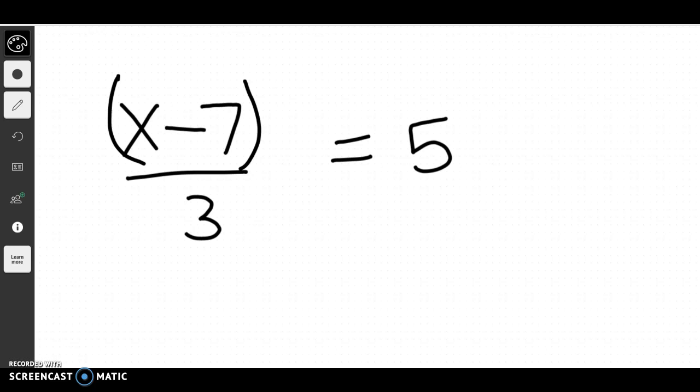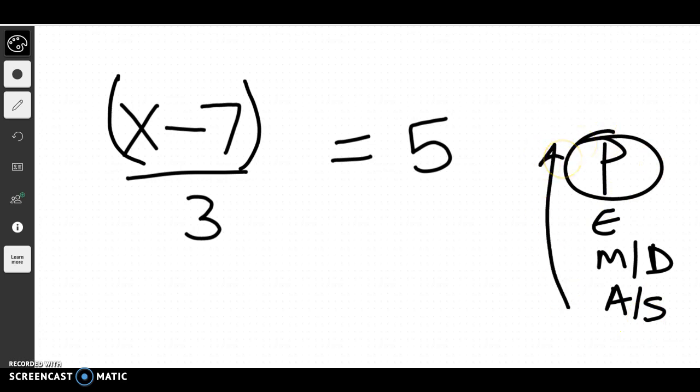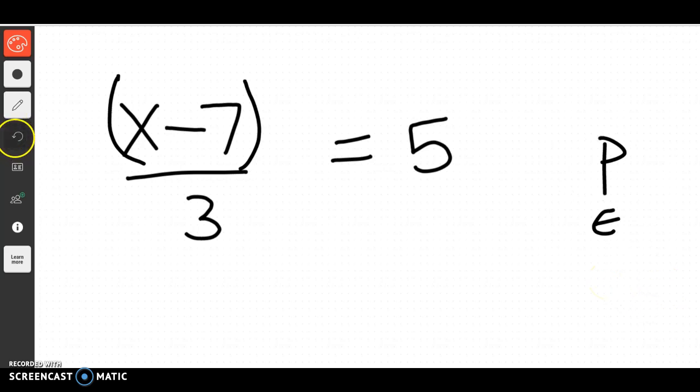If you go in the reverse operation again, we would want to save our parentheses for the very end, so we would deal with the multiplication and division first. That's going to seem a little complicated, so I'm going to backtrack just a bit.